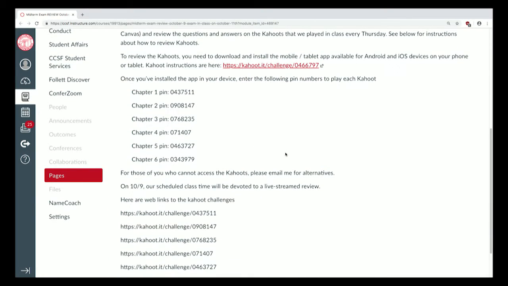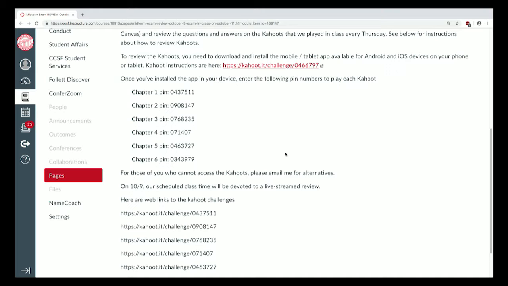So there's a Kahoot for each of the 6 chapters that are covered in the midterm. So chapters 1, 2, and 3 were tested in our first quiz. And a subset of the quiz questions are coming back, as well as we're also working on chapters 4, 5, and 6. And those are questions that you've been seeing on the Kahoots.